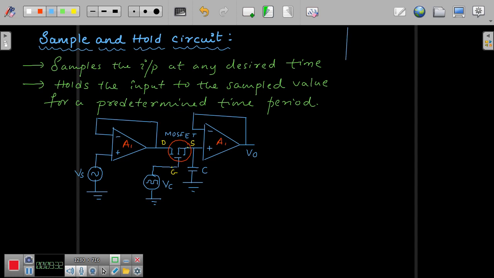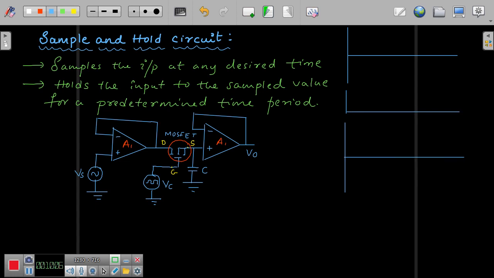Now here we have the input voltage as well as the control voltage as well as the output voltage.